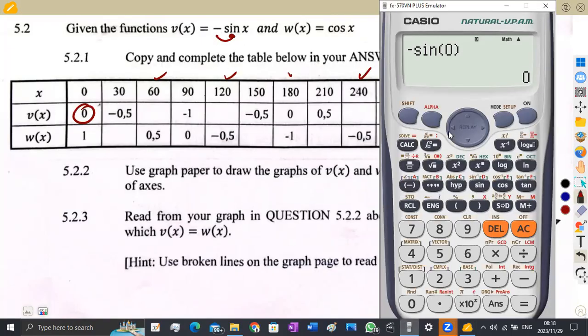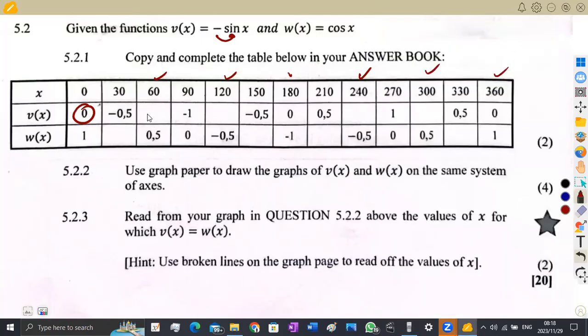On 60 degrees, just put a 60 here. This will give you minus square root of 3/2, so as a decimal it is 0.8666. Let us have it to one decimal place: shift mode, we fix this to one decimal place, which gives us minus 0.9.